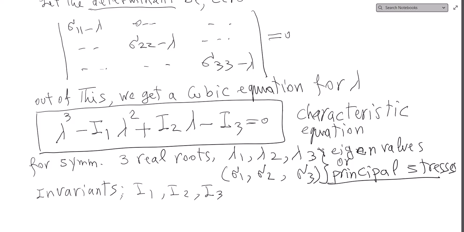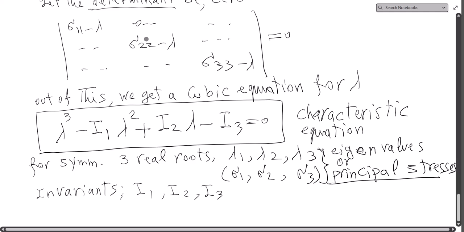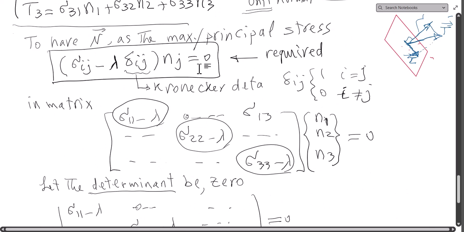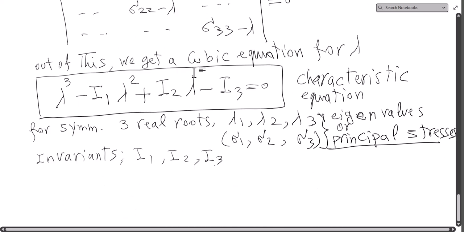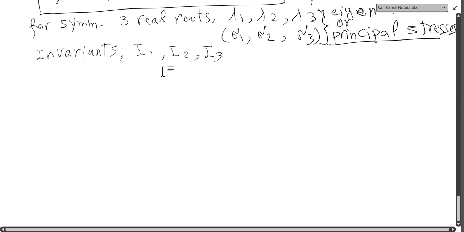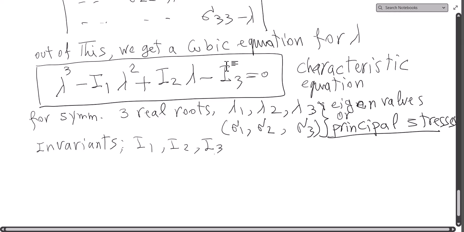Invariance simply means that if you rotate your coordinate system and calculate the components of your stress in the rotated coordinate system, obviously the components will be different, but these three will remain the same. This is also true for your principal stresses, eigenvalues. That's why these have special names. They remain the same due to rotation of your coordinates.